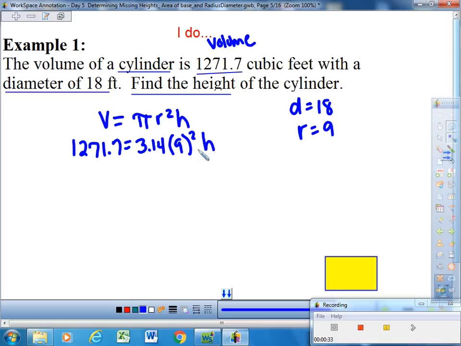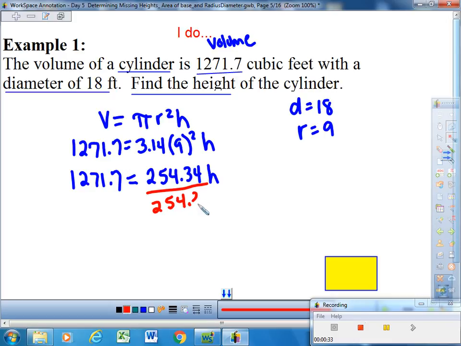So I want you to multiply 3.14 times 9 squared. You should have gotten 254.34. Bring down your h, bring down your 1,271.7. Now how do you solve for h? Divide by 254.34.